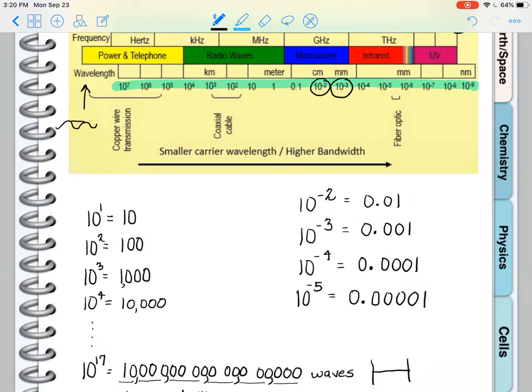So those negative exponents give you decimal answers. This one is 10 to the negative 9, so let's do that one. You have a decimal, 1, 2, 3, 4, 5, 6, 7, 8, 9.